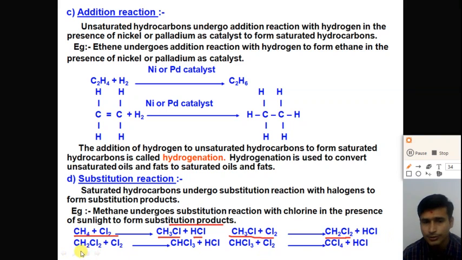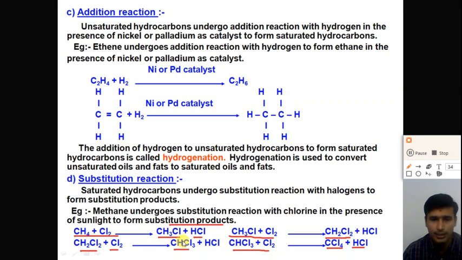CH2Cl2 plus chlorine Cl2 forms CHCl3, right? So one more chlorine atom is added to the carbon. Likewise, CHCl3, trichloromethane, undergoes the substitution reaction with chlorine. It forms CCl4, right?